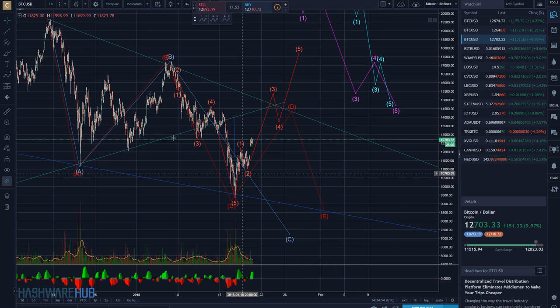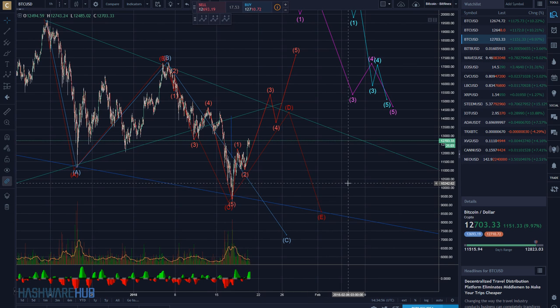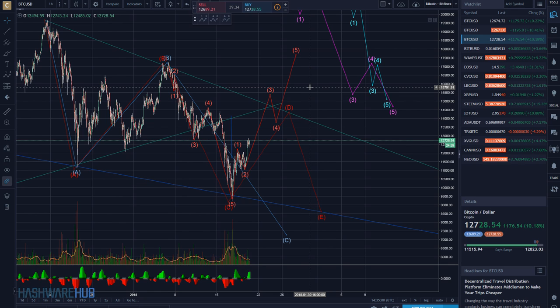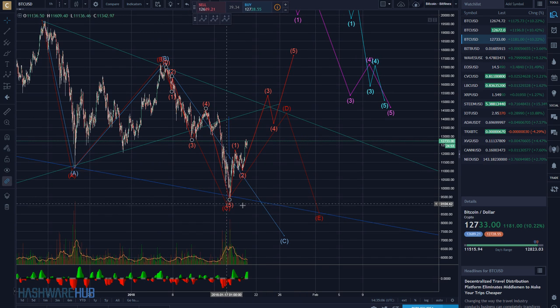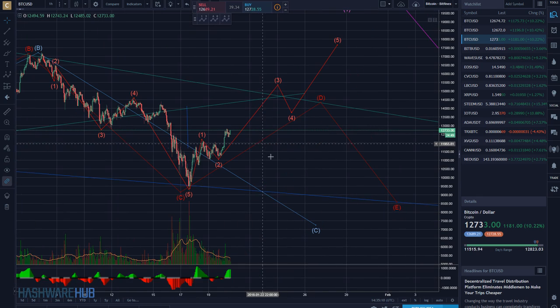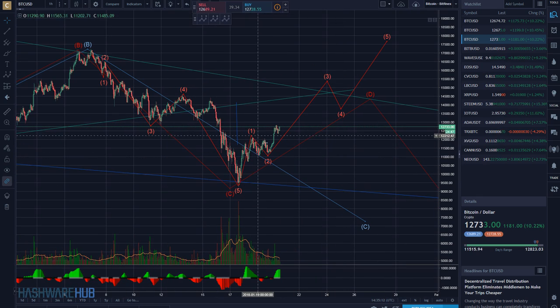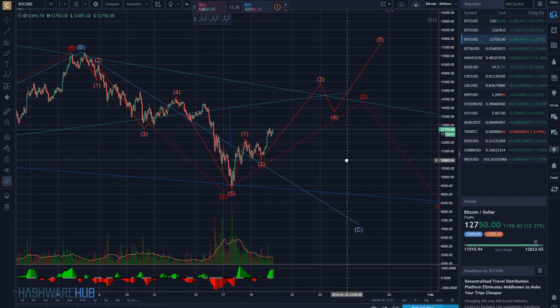So if these are all 3 waves, then the 5 wave has to be longer than a 3 wave. Just common sense, right? So where does a 5-wave bring us? I'd imagine that this is 1. Let me zoom in here. I'd imagine that this is 1, 2, 3, 4, and 5. That's the way in which I measure it.